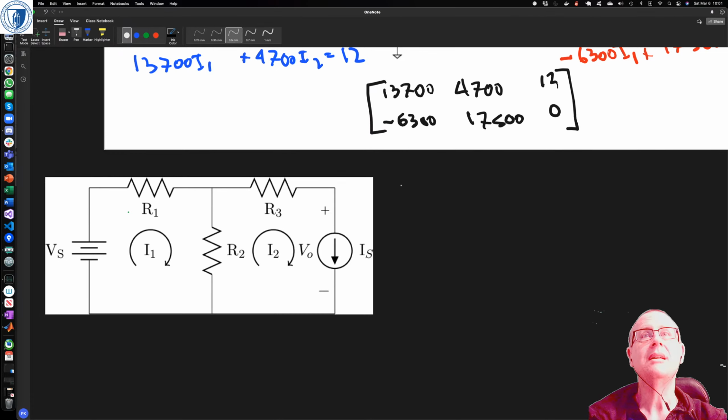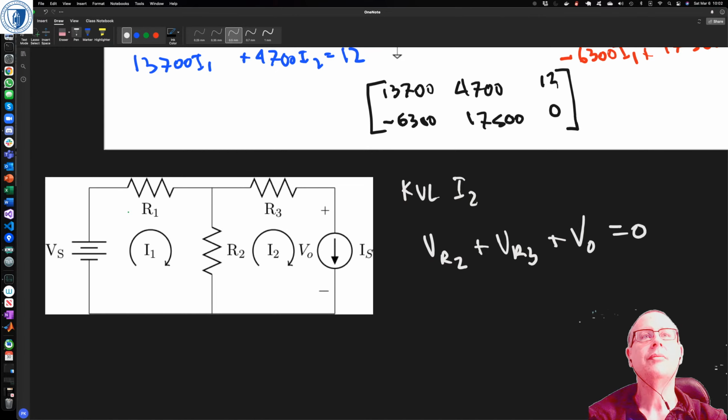So we can say KVL for I2 is going to be VR2 plus VR3 plus V out equals 0.